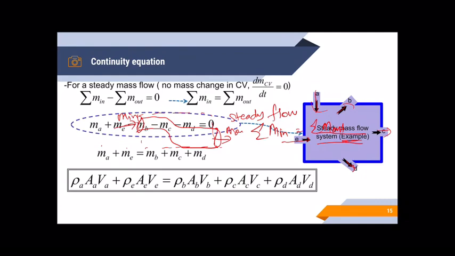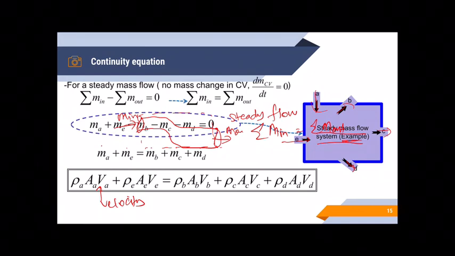Flow rate. Because of what? Rho times A times velocity. V here is velocity. So in your notes, carefully double check and put the dot at the top of m, so that it becomes mass flow rate.